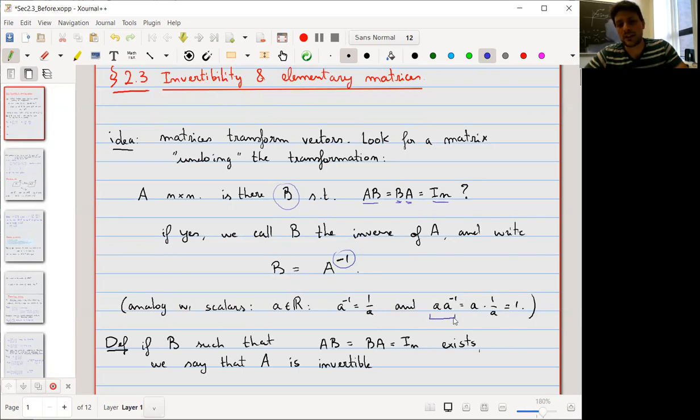This equality here is what resonates with us because now we have that A times A inverse is equal to the identity. However, you should keep in mind that 1 over a matrix is not defined. So the notation is only suggested.